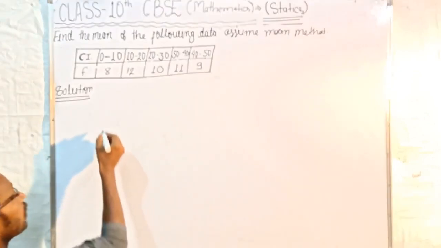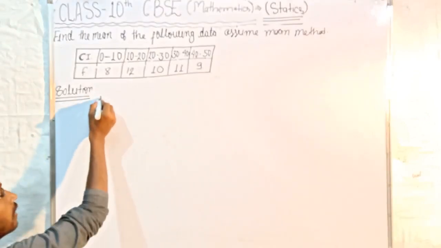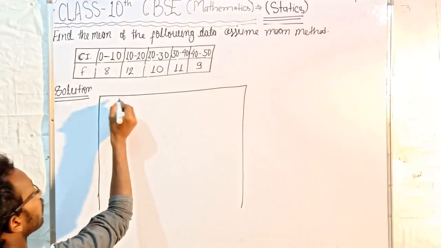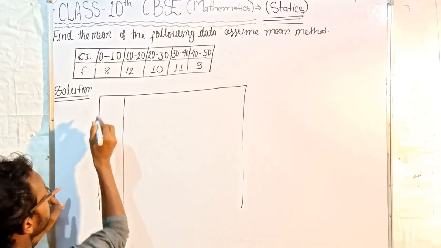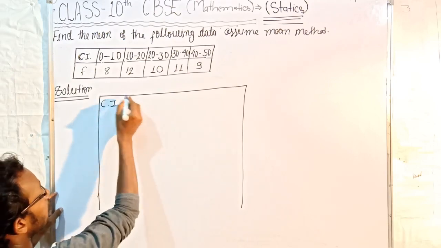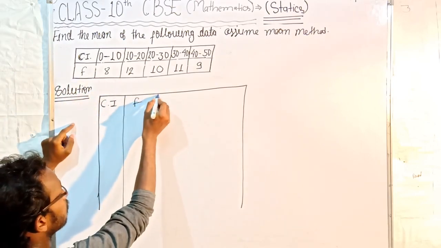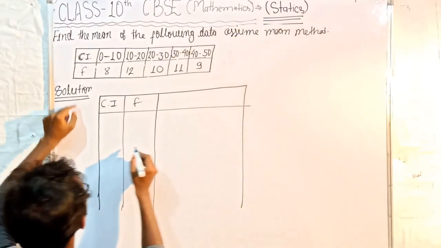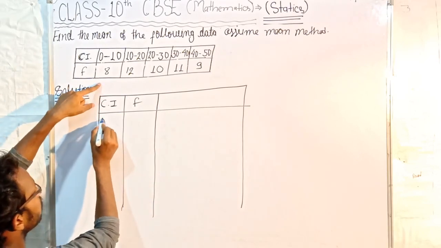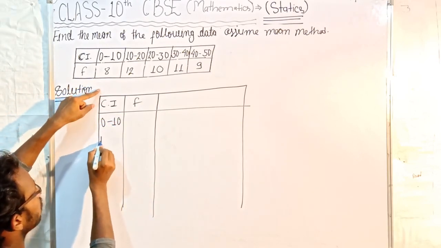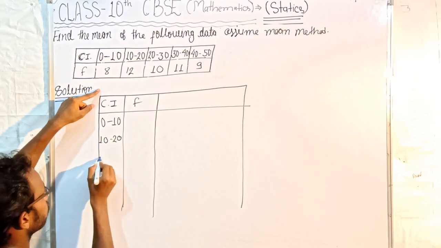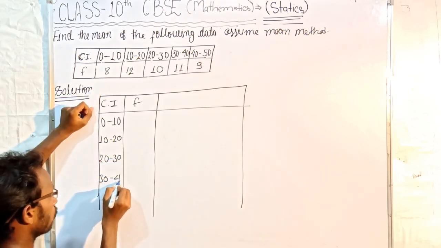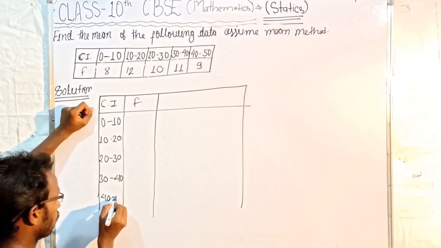At first I will prepare another chart, other than the question, in which you have already written first the class interval, then the frequency. Now I will write in the same way: 0 to 10, 10 to 20, 20 to 30, 30 to 40, and 40 to 50.